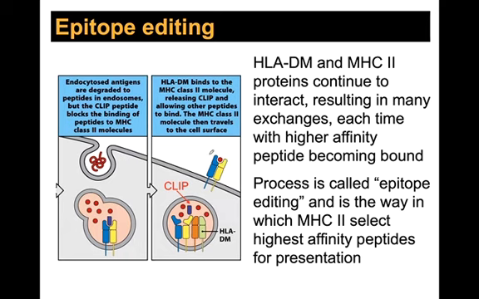This process is called epitope editing. It's the way in which you select the highest affinity peptides for binding to MHC2 proteins. And so once they get on the surface, you've sampled that, representing your best epitopes.